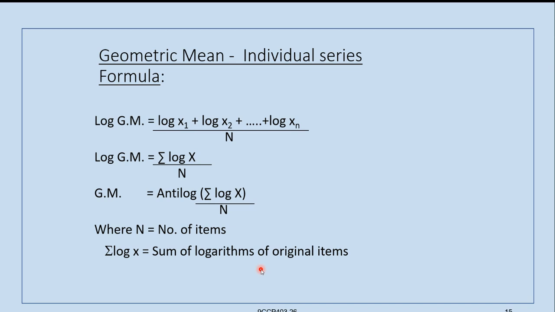Suppose you have 6 numbers, so log x1 plus log x2 plus log x3 plus log x4 plus log x5, etc. Because when we take log, we add the numbers. After taking logarithm, we will not multiply them. You can also directly calculate the mean by taking multiplication of all the numbers, but I am showing you the procedure. So up to 6 numbers, as we have taken in the example.